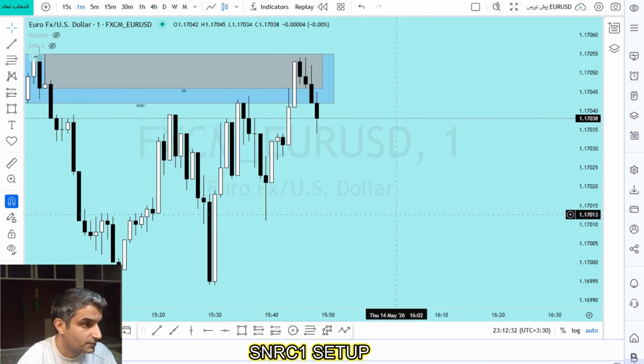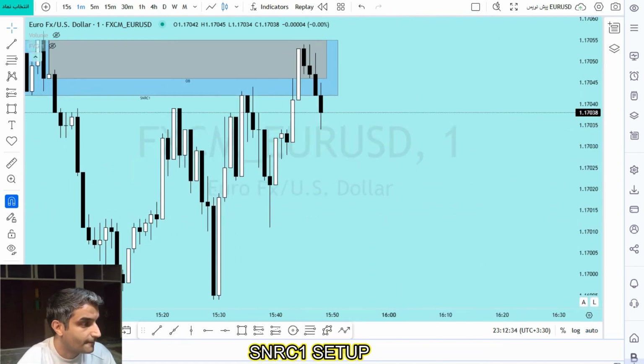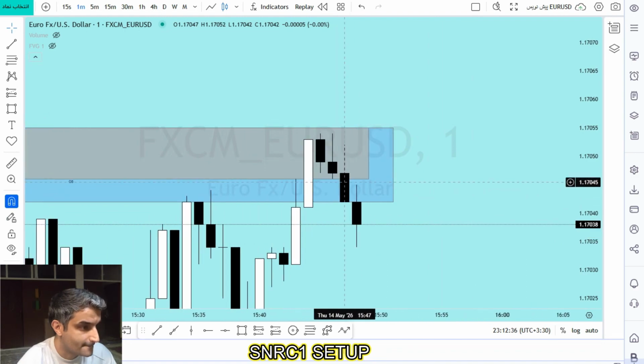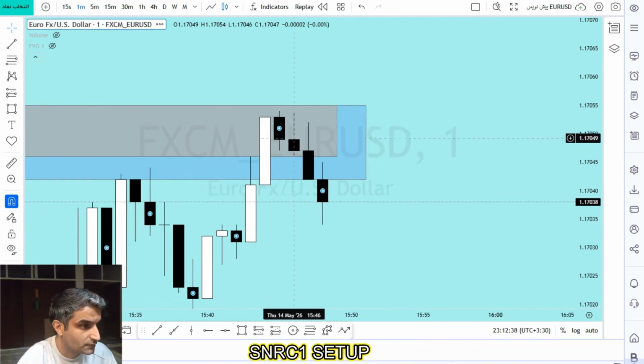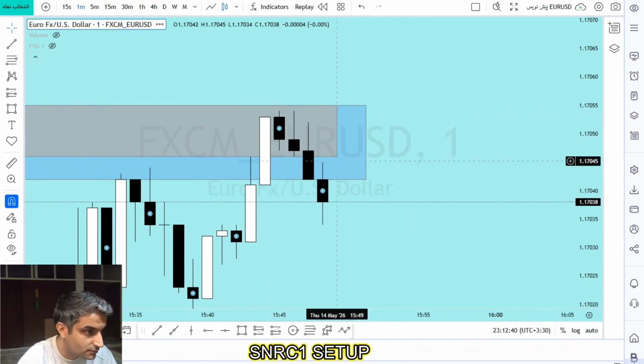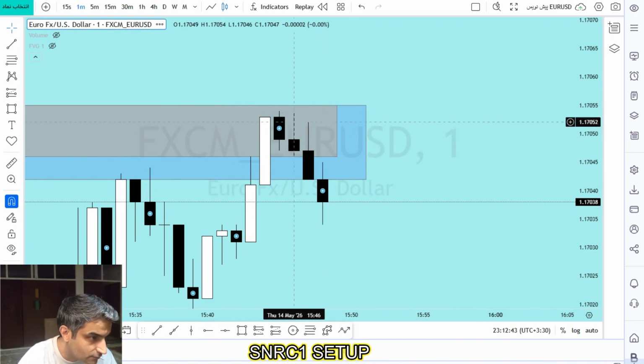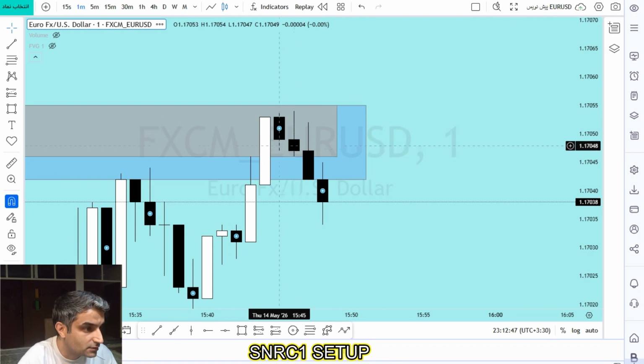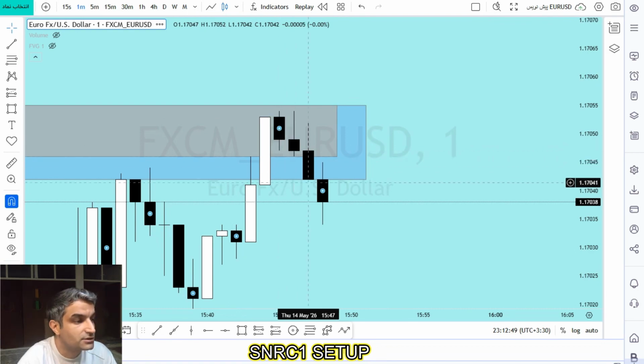Okay, here, let me zoom it. This is our last candle for this one. No, this one, our candle. And this candle not, but this candle has been closed below the shadow of this candle.